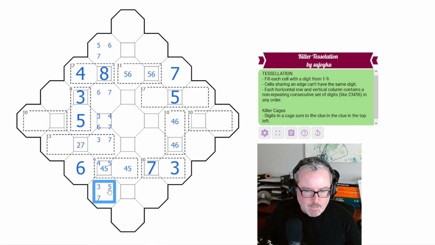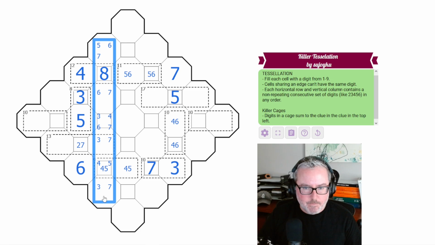Oh, wait, this can't be a 5. Why didn't I see that earlier? Yeah, it doesn't really help us because we still have 5s here or here, but... Oh, but we do have a 3, 7. No, we can't say we have a 3, 7 pair, because we don't know what the final digits are.